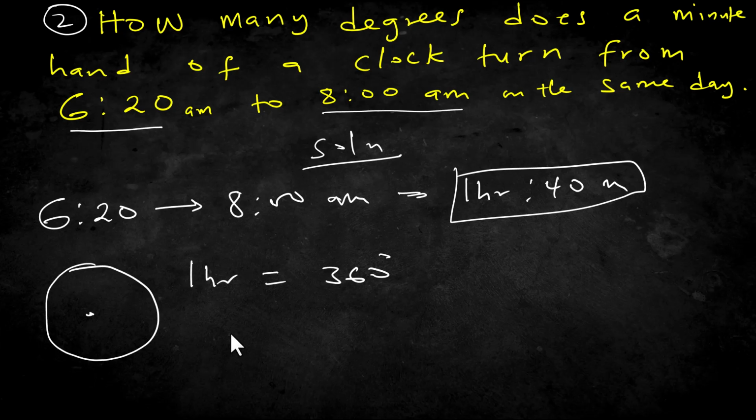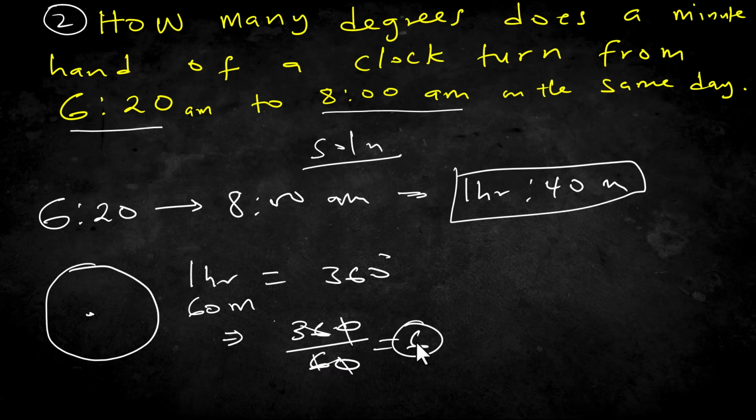So let's calculate an angle for each minute. 1 hour is the same as 60 minutes, so 360 over 60, this one will cancel, so we have 6. Now, having 6 degrees as the angle for each minute, we can calculate the number of minutes, then multiply by the angle.